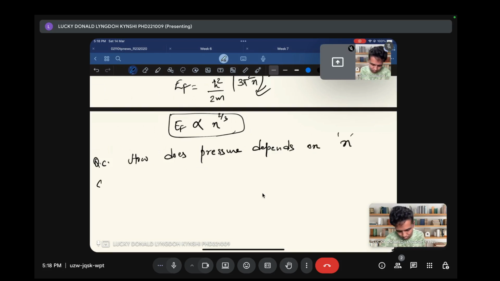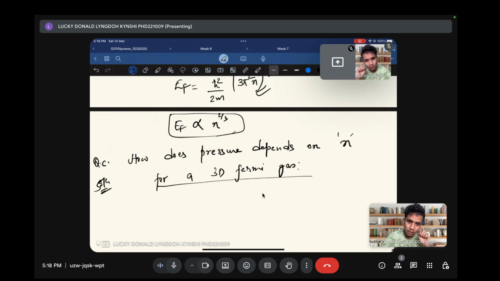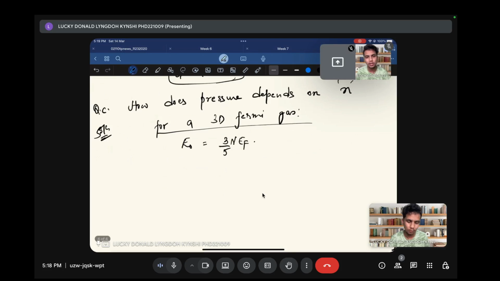Solution: for a 3D Fermi gas, what happens? You can easily calculate that the average energy is equal to 3/5 EF. I will not do it, but you can easily calculate the average energy in terms of the Fermi energy.